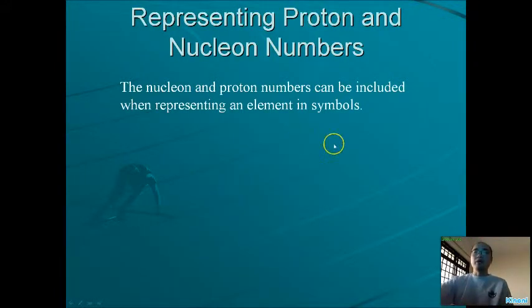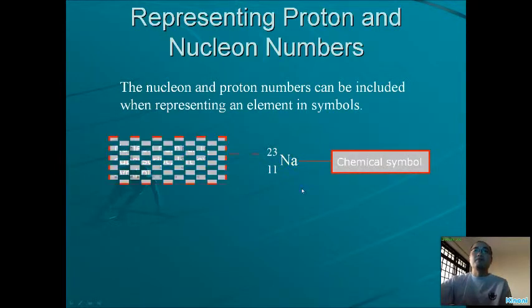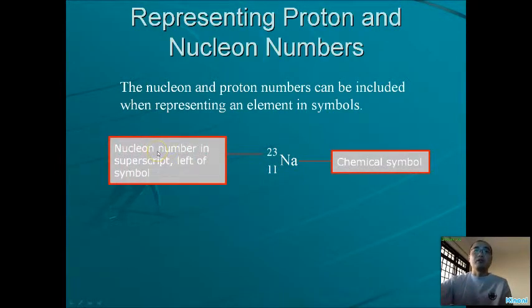So in a periodic table, you should be able to see a symbol like this. Na refers to the symbol of sodium, and this number on top, 23, represents the nucleon number. Remember, what is nucleon number? Okay, the nucleon number represents the total number of protons and neutrons.